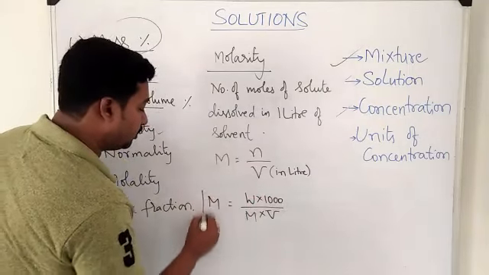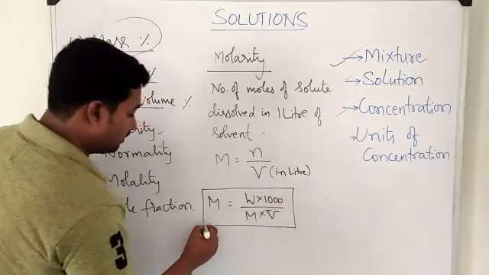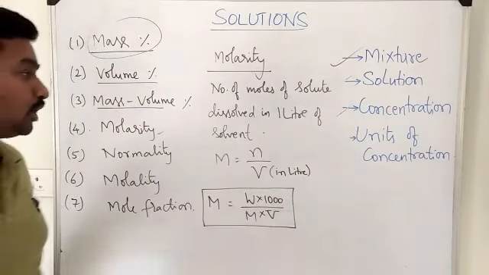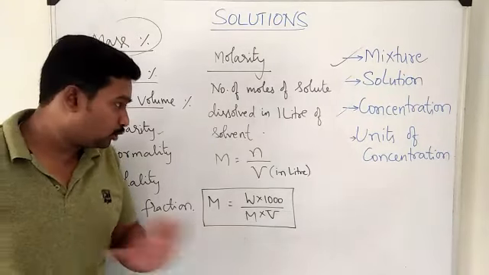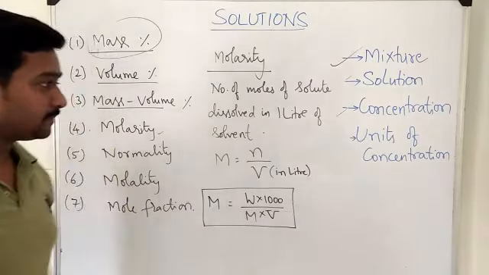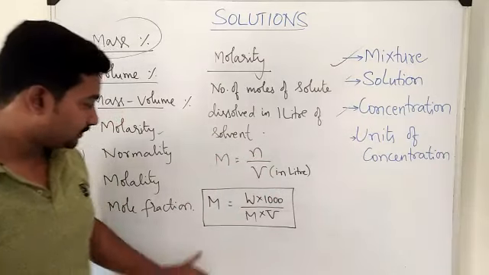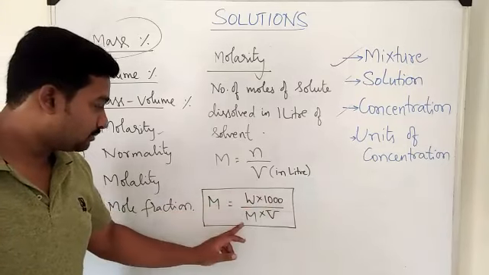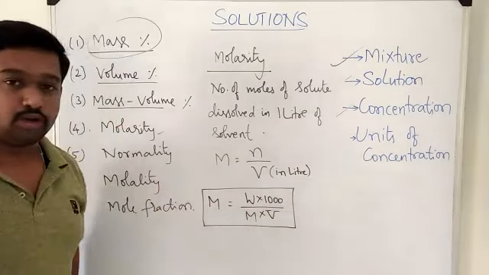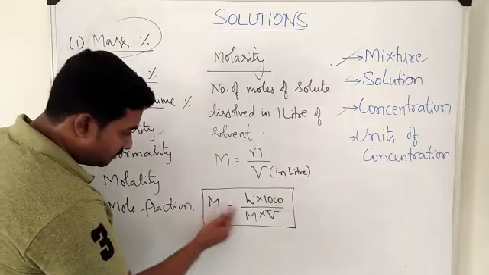So molarity will be W into 1000 by M into V. Please note this formula. It is useful to calculate numerical problems. We will calculate numerical problems further in other videos, the next parts. So molarity is given like this. Molarity is mass into 1000 by molecular mass into volume. Please don't be confused between this M and this M.